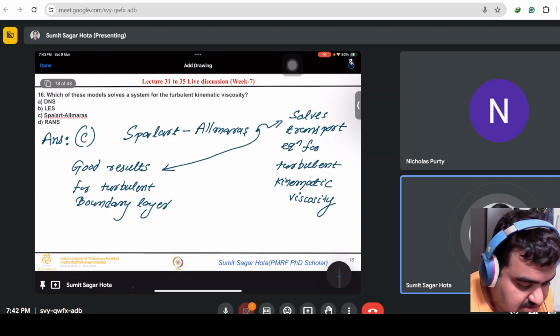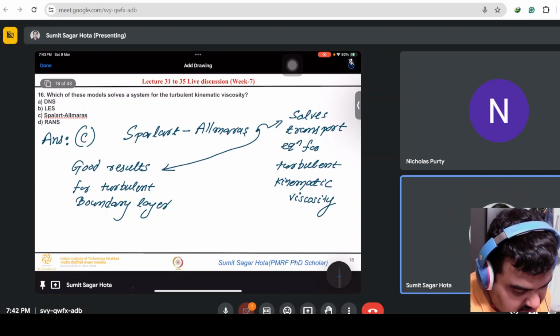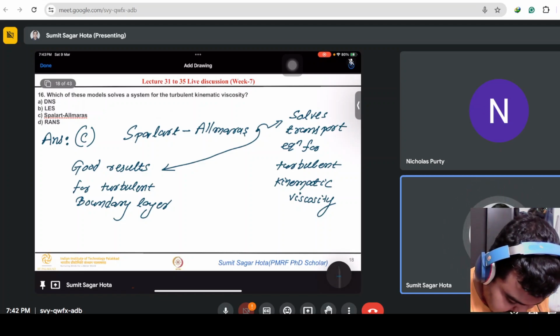Obviously, when you are using the Spalart-Allmaras model, you have to use it in your boundary layer problem.